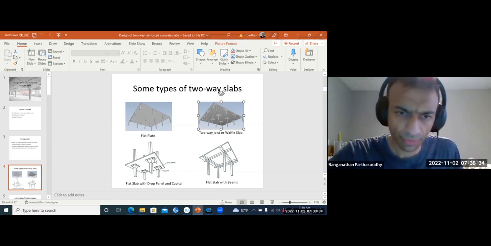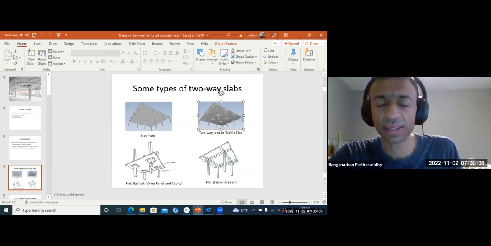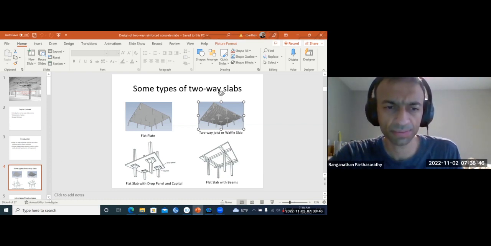So again, drop panel and column capital will greatly increase the resistance to punching shear. And then you have flat slab with beams in the other case.